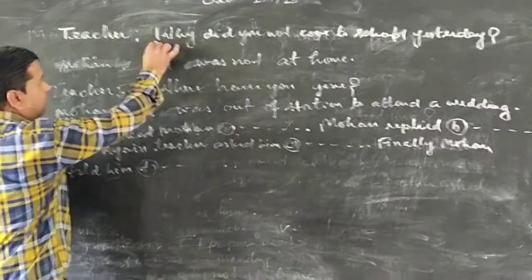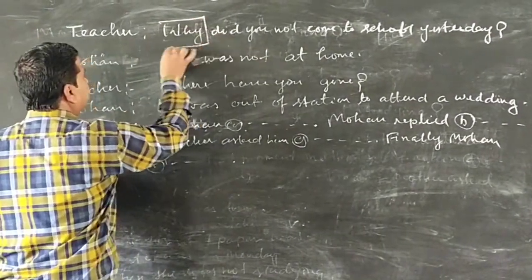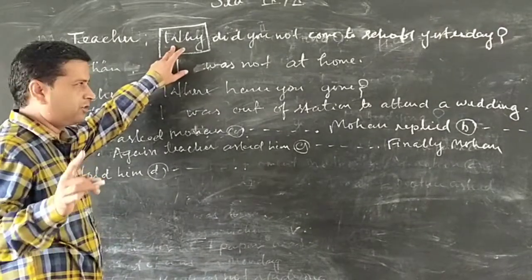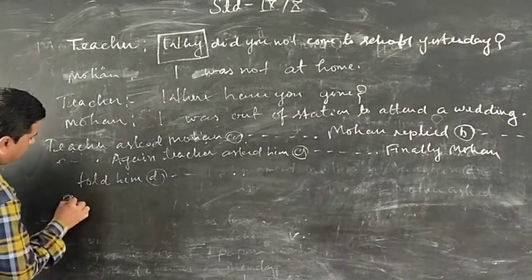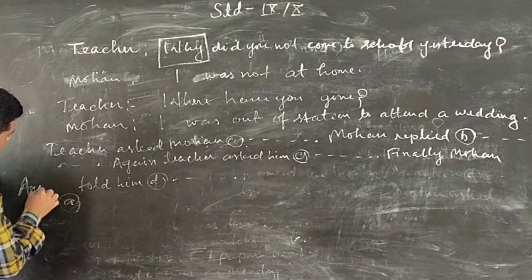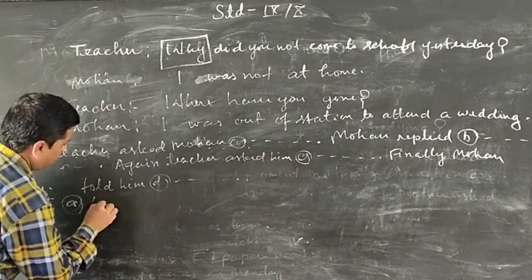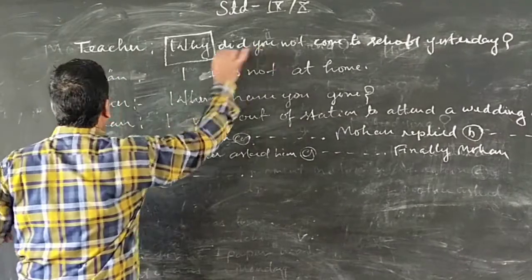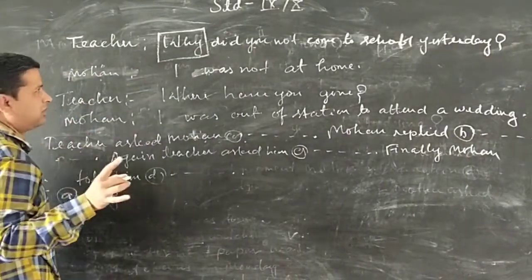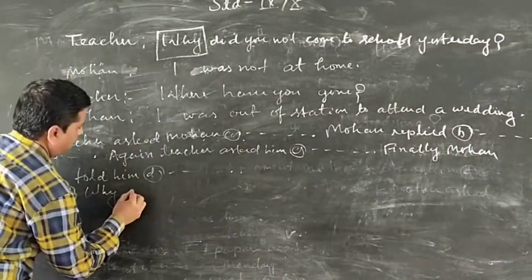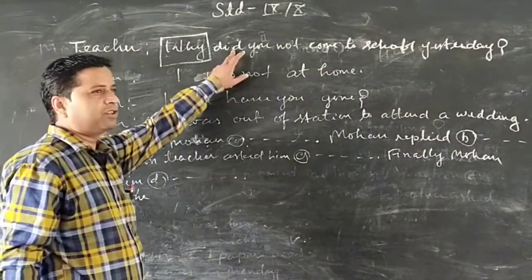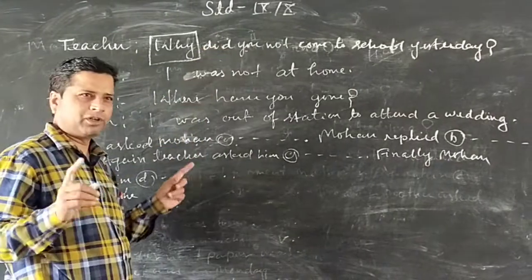Whenever a word like this is given, it will be used as a connector in indirect speech. So why will become the conjunction. You will convert Mohan, which is masculine gender, into he. And your past indefinite changes into past perfect tense.